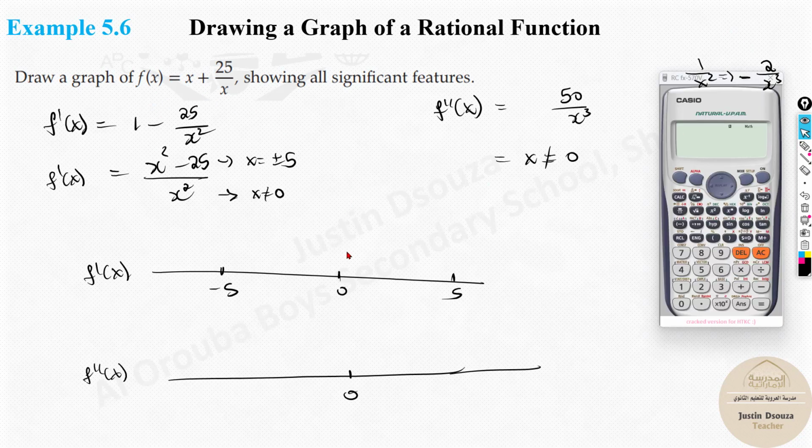All you need to do is put in this derivative, 1 minus 25 by x squared, and now calculate it at less than minus 5, say minus 6, and I'm getting a positive value. I'll directly do the others as well, and I'll calculate at minus 4, I'm getting a negative.